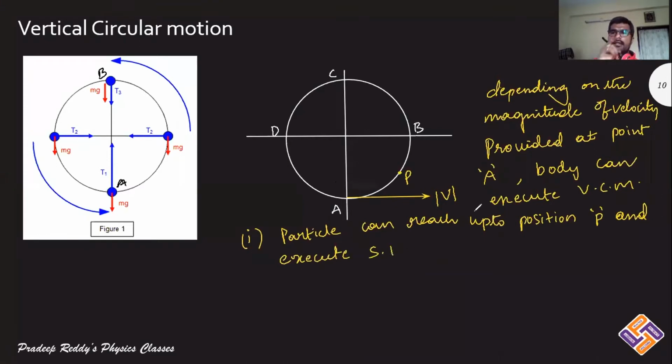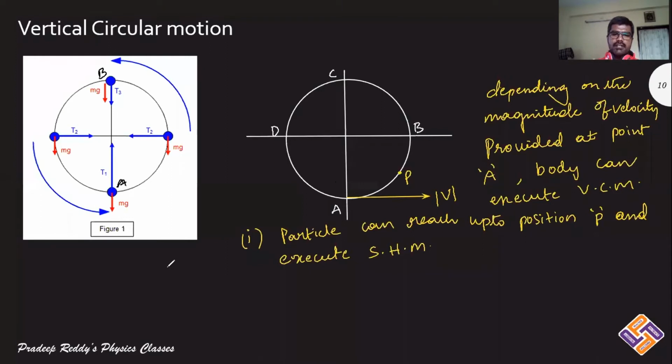That means the particle goes to position P and then comes back to A, then goes in the opposite direction and comes back to A. So instead of moving in the circular path completely, it just oscillates. It will be executing simple harmonic motion.